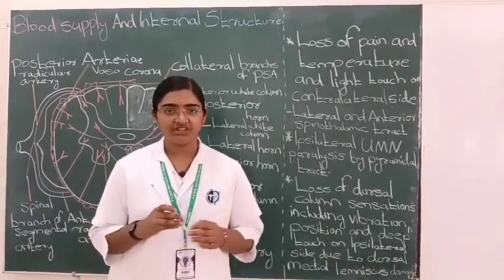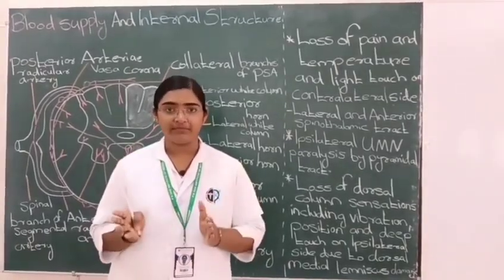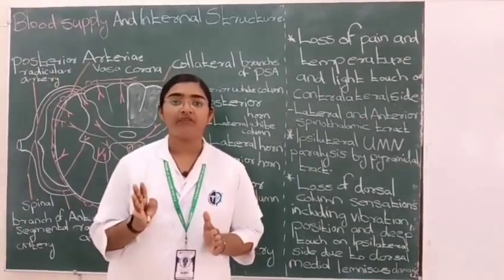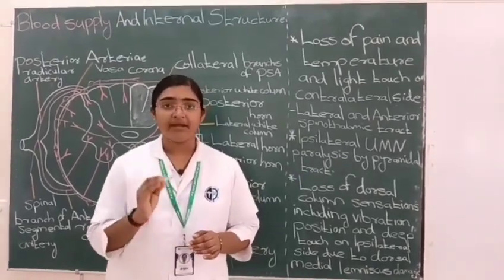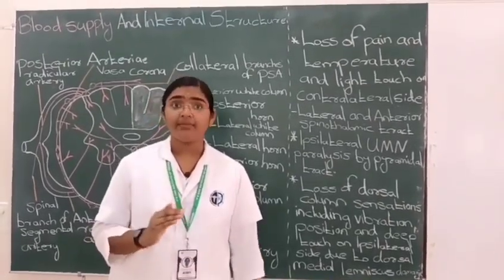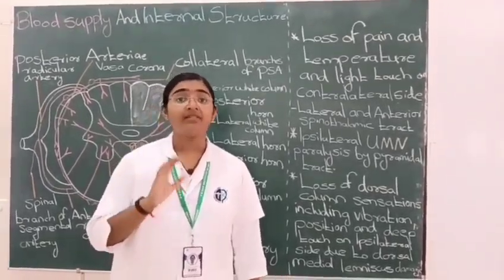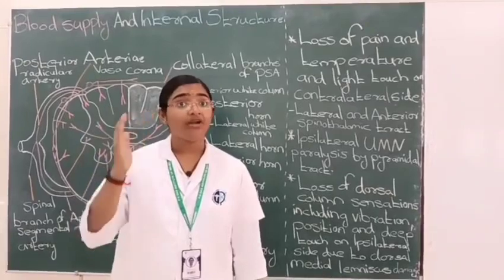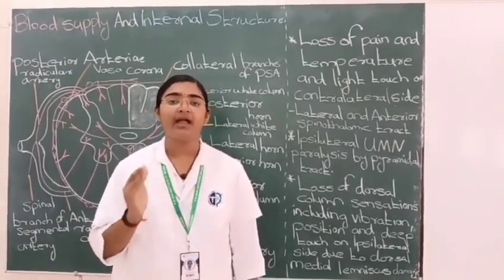Before going to the features of Brown-Sequard syndrome, we must know some important terms to understand them. What is meant by upper motor neuron? It is the fibers of the corticospinal tract or pyramidal tract from its origin in the cerebral cortex to its termination in the anterior horn cells of the spinal cord.